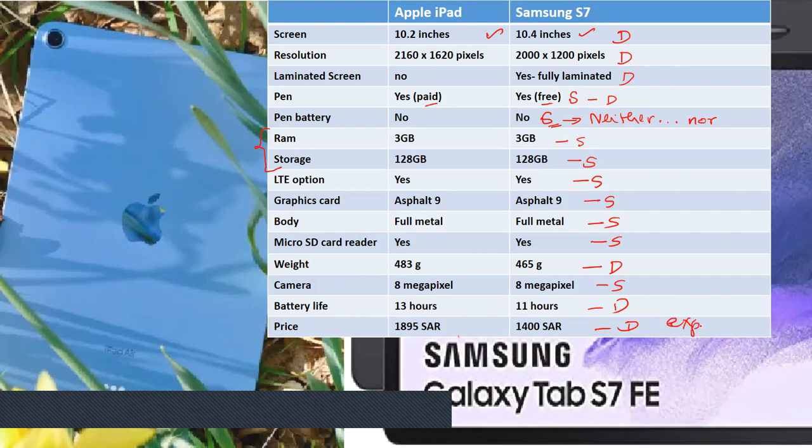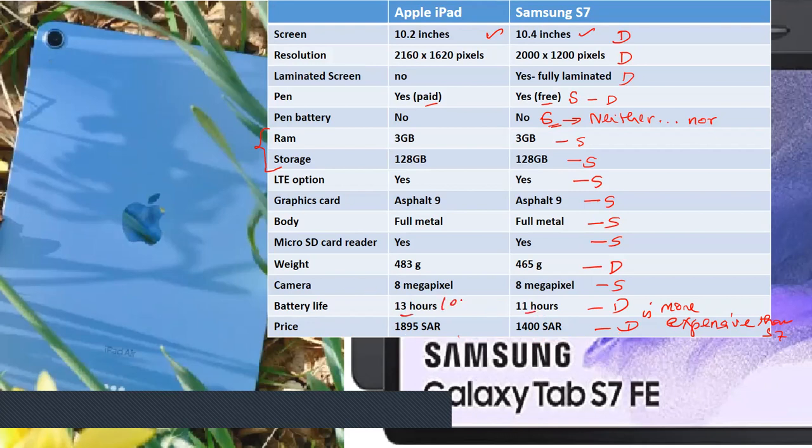Expensive. So first you say the Apple iPad is more expensive than the S7. And then you explain: while the price of the Apple iPad is 1895, the Samsung costs only 1400.